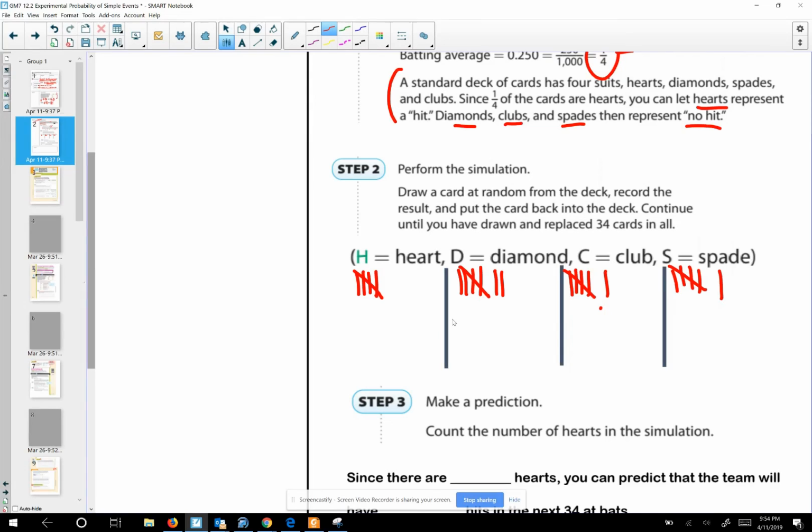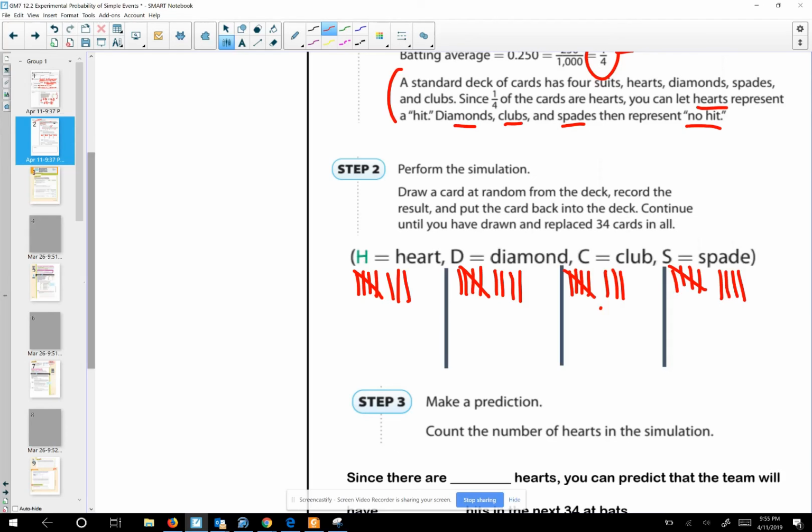So right now hearts has a total of 8. Diamonds has a total of 9. Clubs has 8. And right now spades has 9. So we have 9 and 9, that's 18.